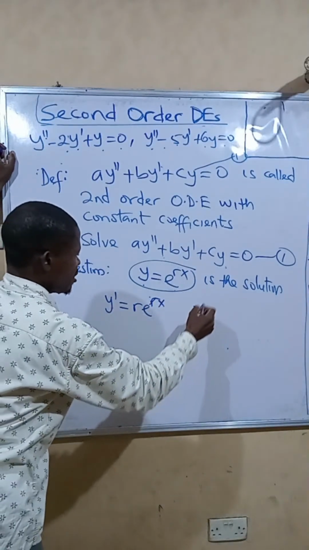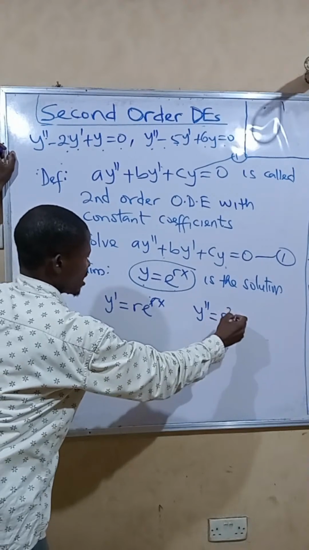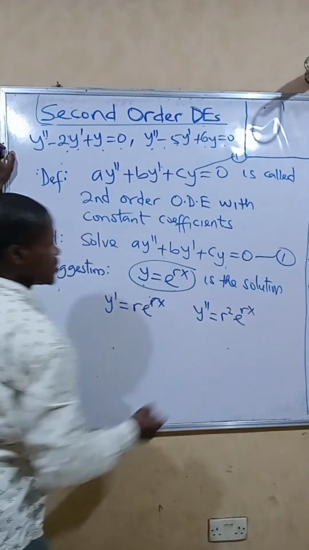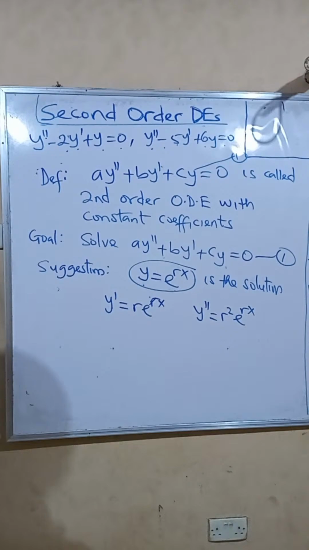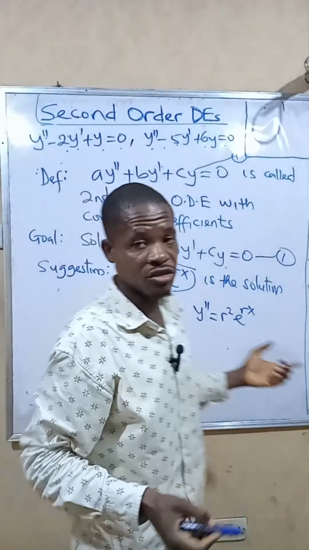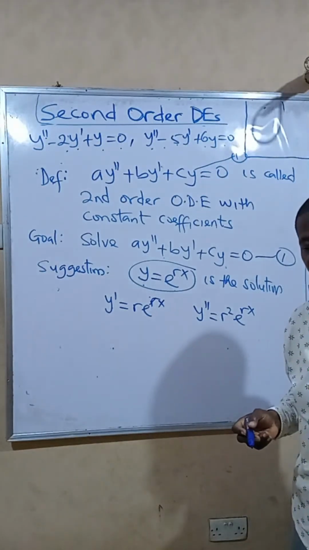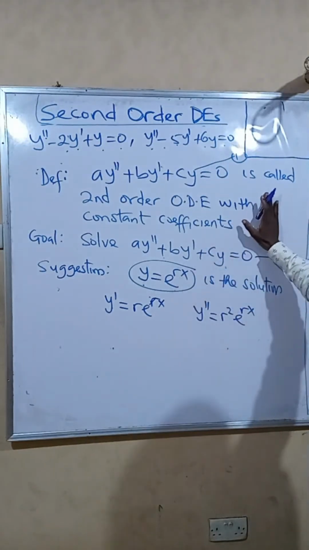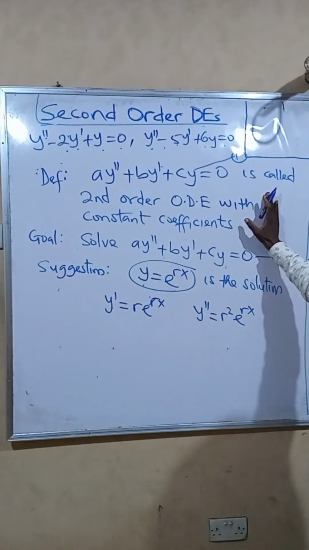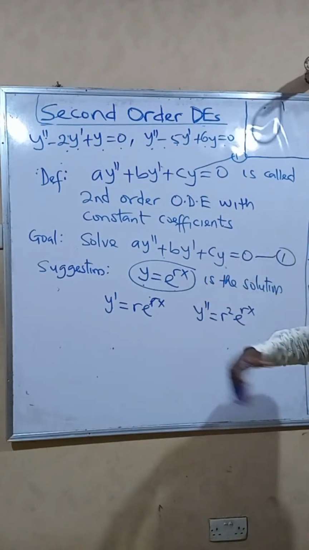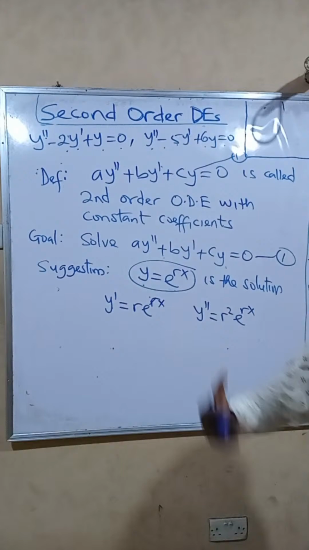Then the second differential will be equal to r squared e to the power rx. Actually, I did something like this in the afternoon, but I'm doing the updates. This is the updated version, but it's going to be longer than that one.